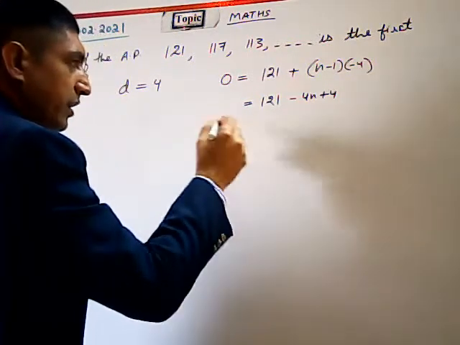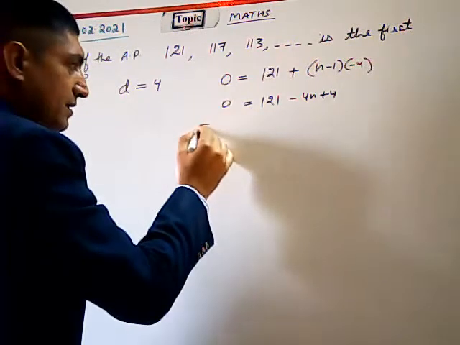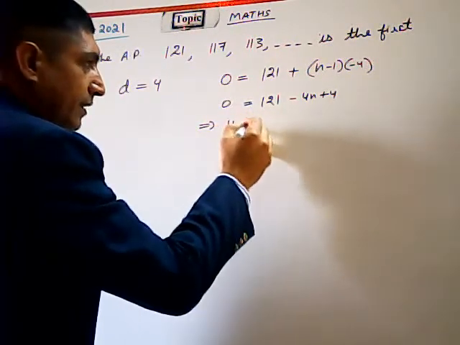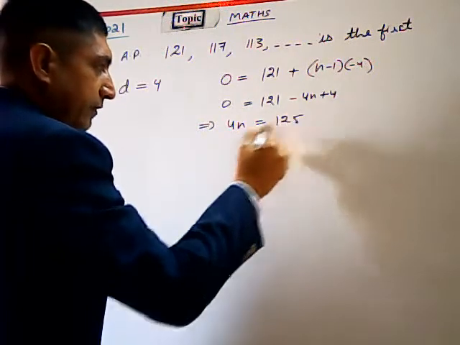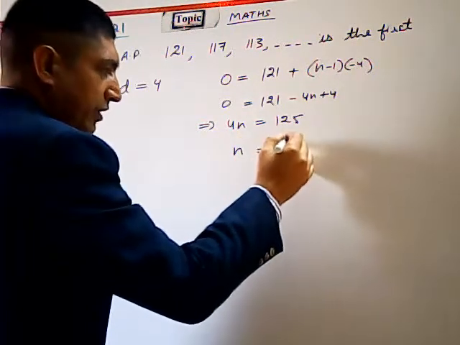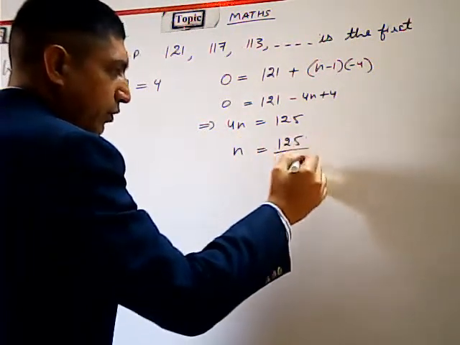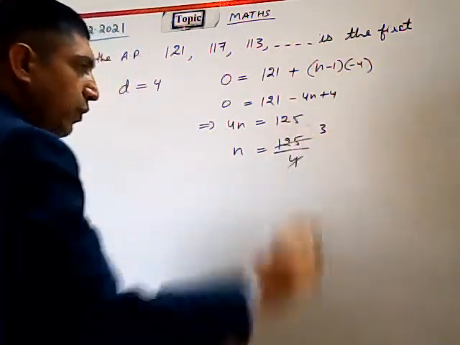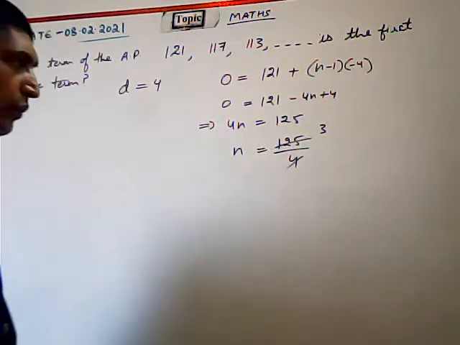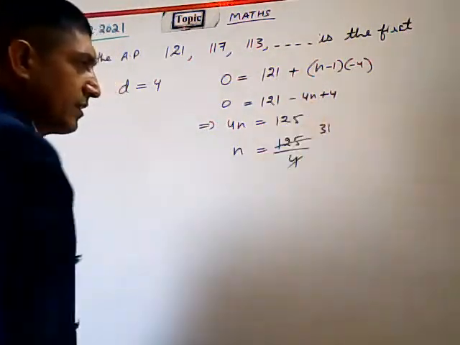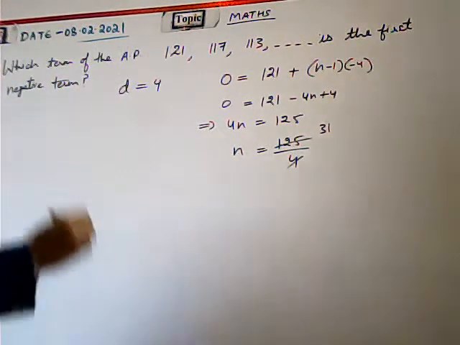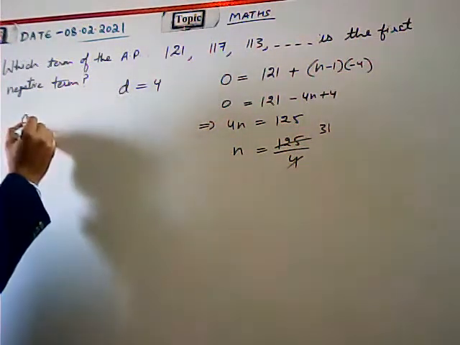So this implies that 4n is equal to 125. So n cannot be a fraction. 125 divided by 4. So 4 ones are 4, 4 threes are 12, 4 ones are 4, right? So 31st. So here we can go ahead with the 32nd term, right? A32.